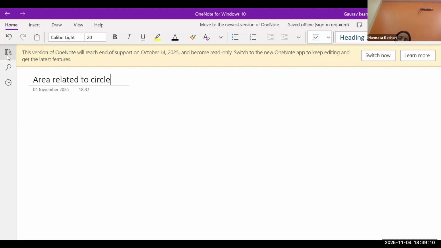So here basically we were talking about what is the sector of the circle, what is the segment of the circle, how to find the area of the sector, how to find the arc length also. Let me show you.